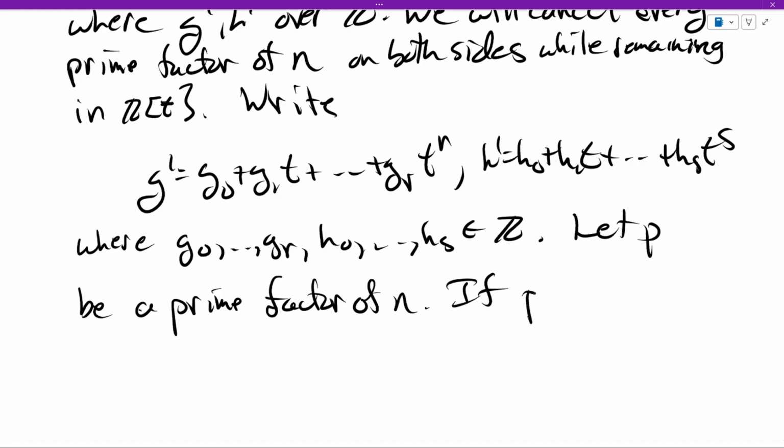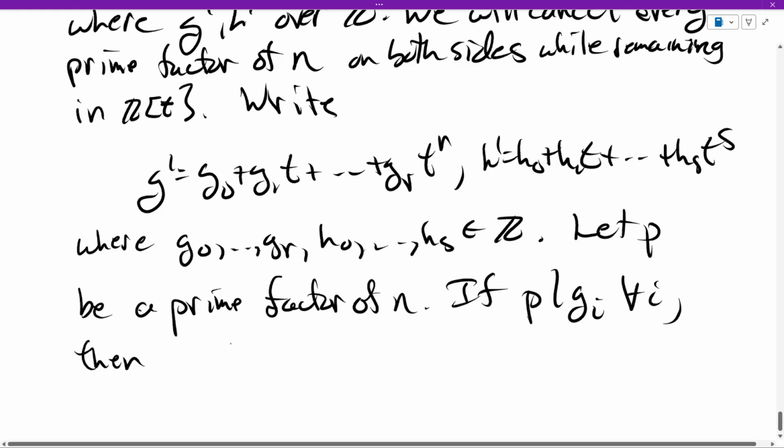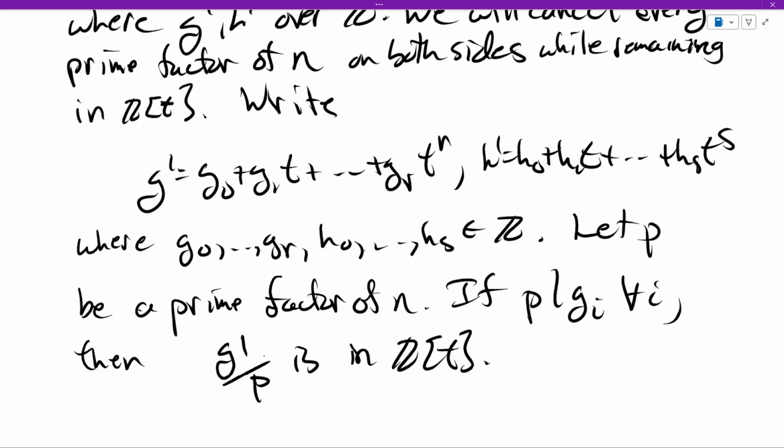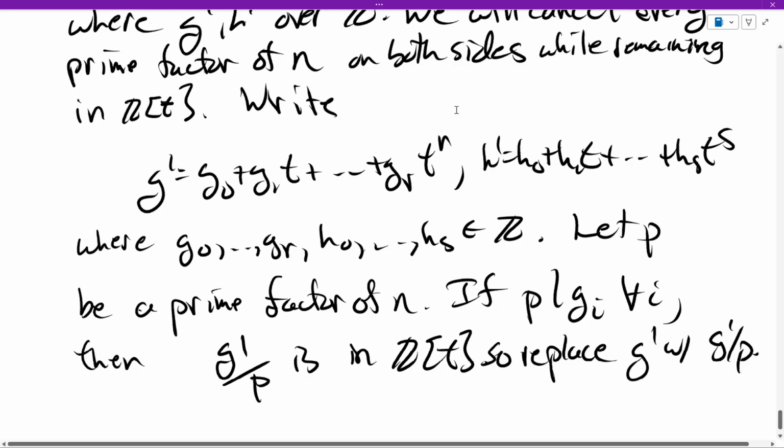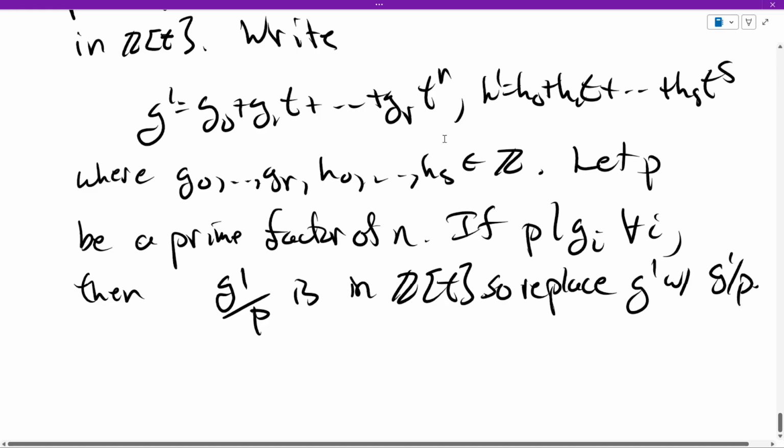If P divides all the coefficients in G prime, then G prime over P is, of course, still in Z adjoin T, and we can replace G prime with G prime over P. And we've gotten rid of one of the prime factors. Similarly, if it divides all the coefficients of H prime, we do the same thing.